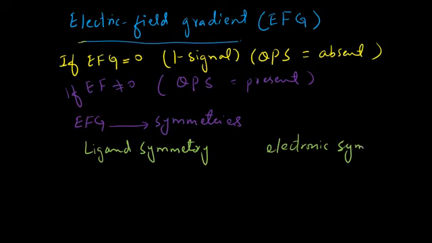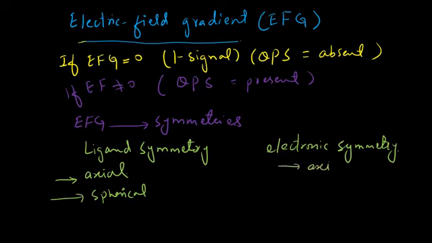In any complex or any kind of compound, we have these two types of symmetry, ligand symmetry and electronic symmetry. The ligand symmetry can be axial symmetry, or it can be spherical symmetry. And the same is the case for electronic symmetry. It can be axial or it can be spherical.